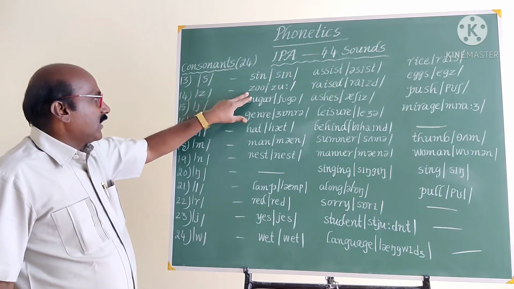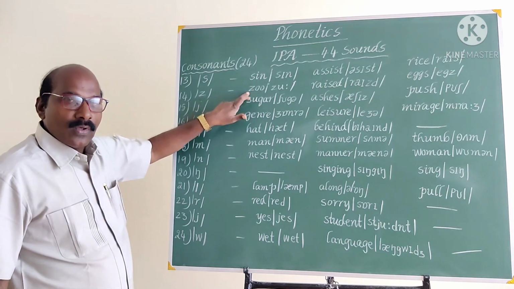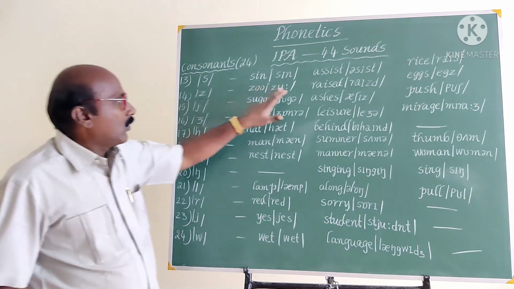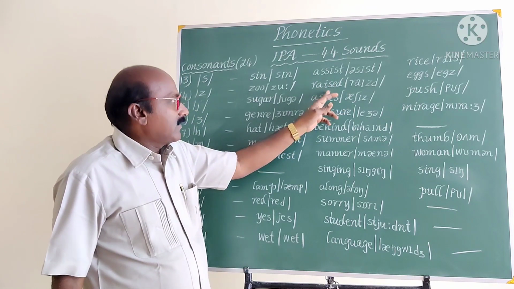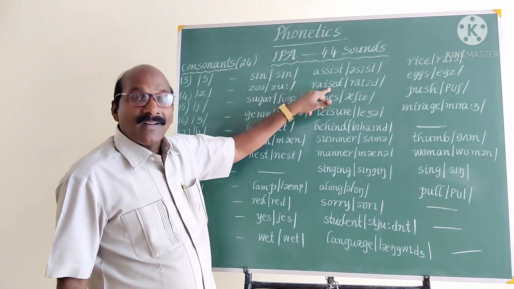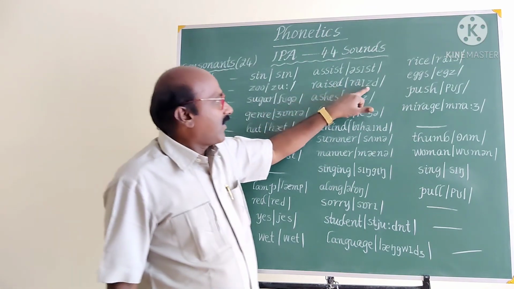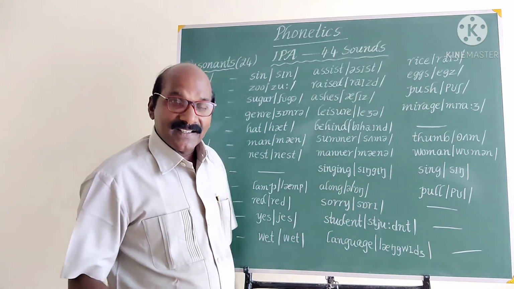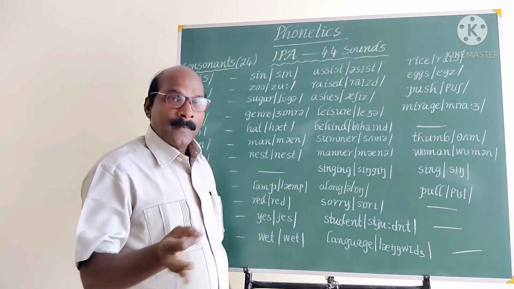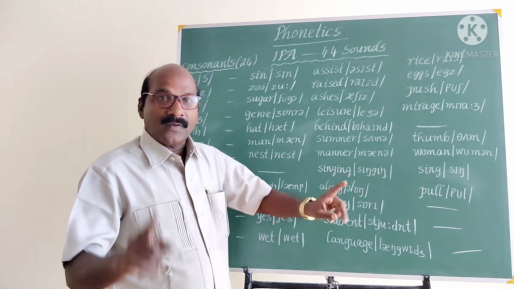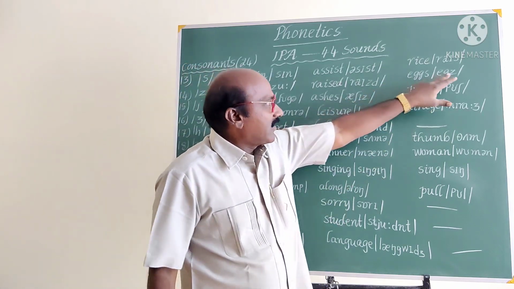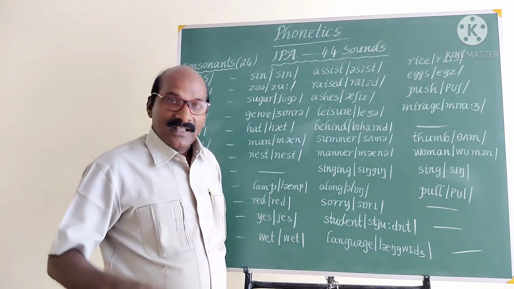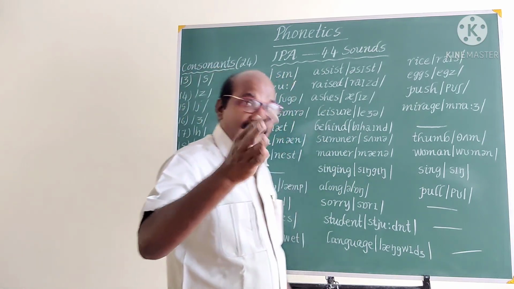This is initially zoo, medially raised, and finally eggs. We mispronounce it as eggs with an s sound, but here it is the sound of z, eggs.